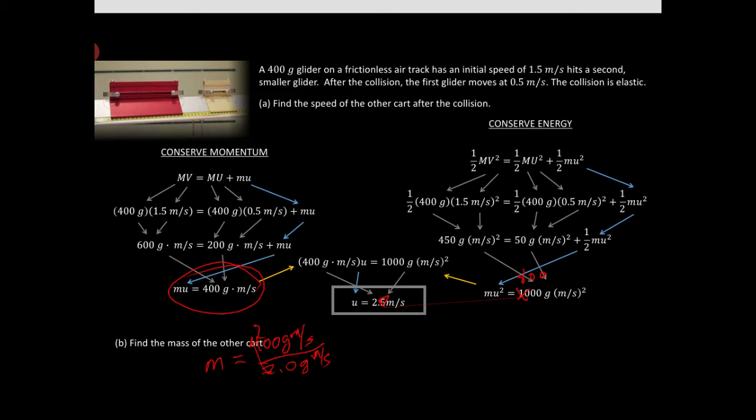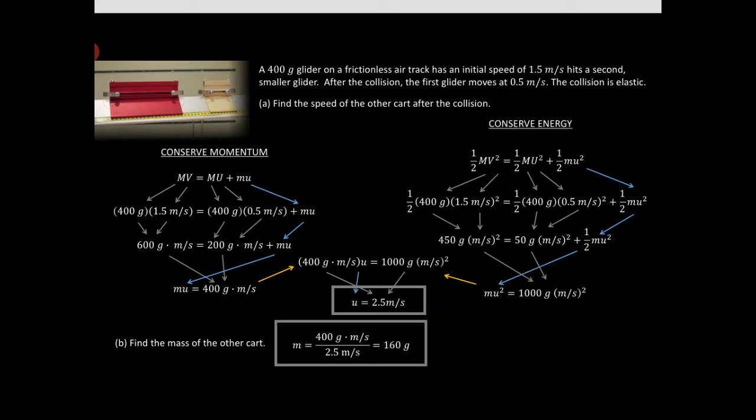That's just 200 grams. So that's basically what we need, except, like I said, I screwed up. 2.0 meters per second and 200 grams. That's more or less what we need for this guy, and that's how to do that problem.